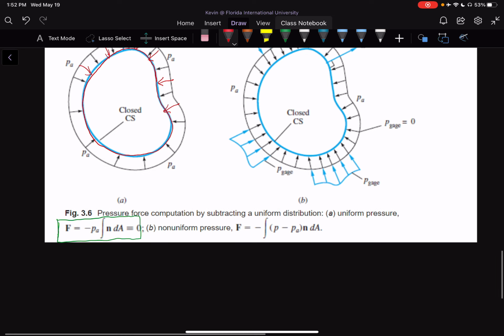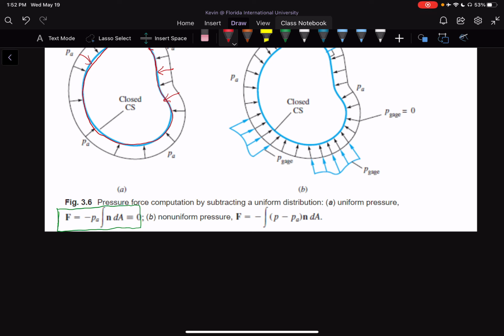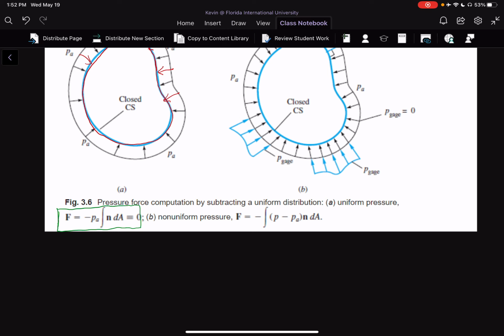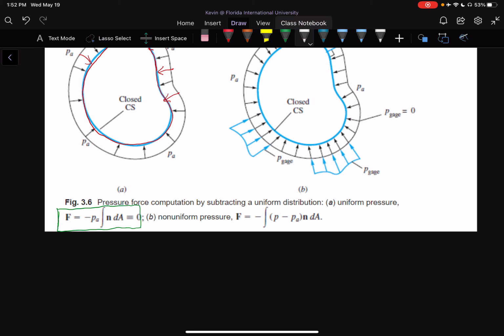In this first condition, the force due to pressure, I'm going to call this F press, is equal to the integral over the control surface of P in the negative n direction times dA.